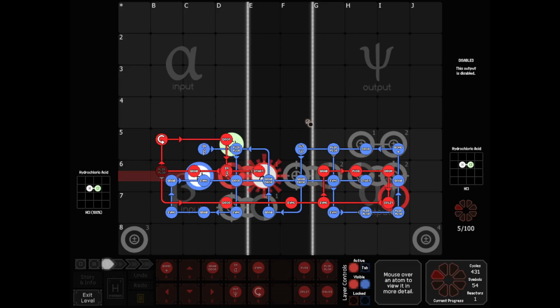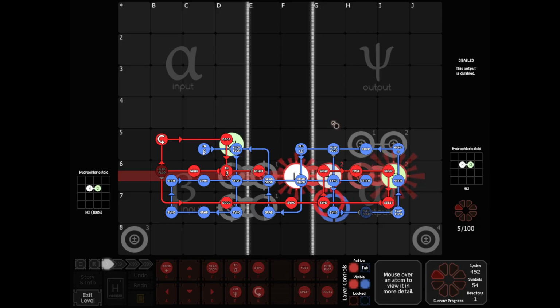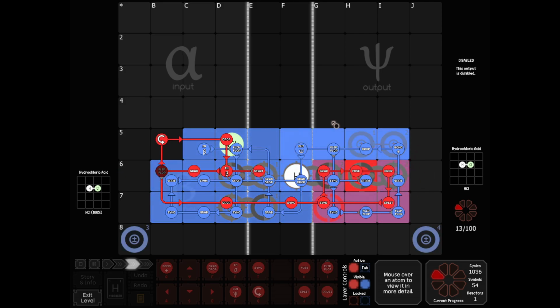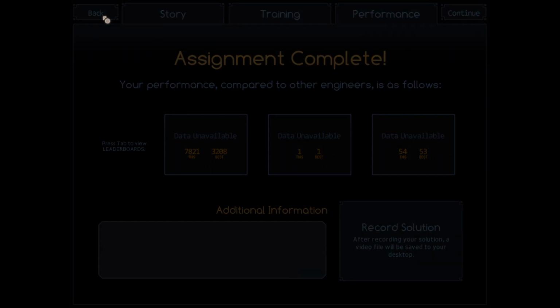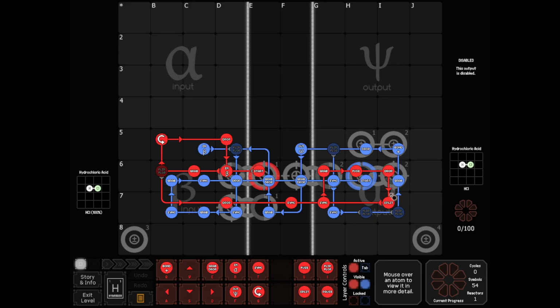But yeah, in terms of rectangle size, this is already really good. Takes 7,821, so it is not our slowest solution, but definitely on the slower side.